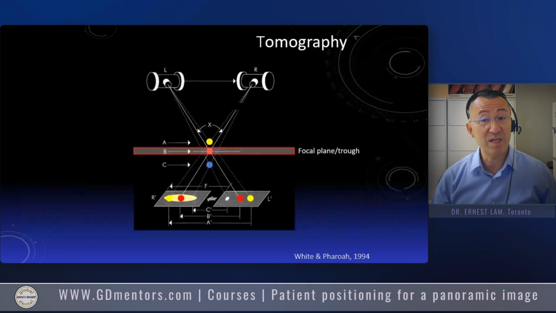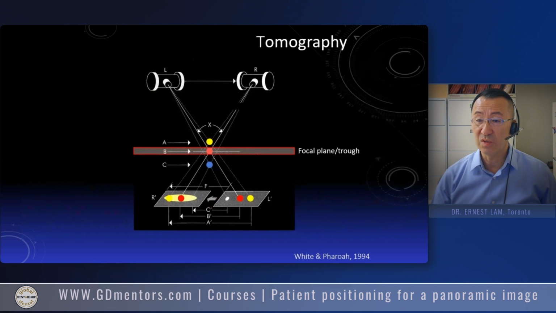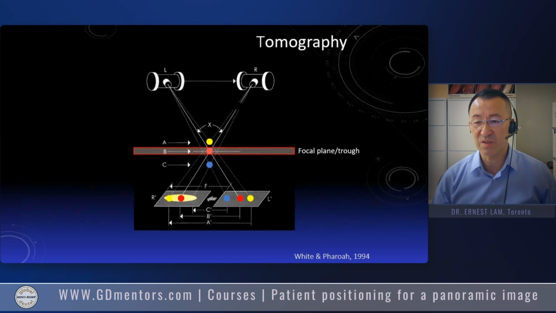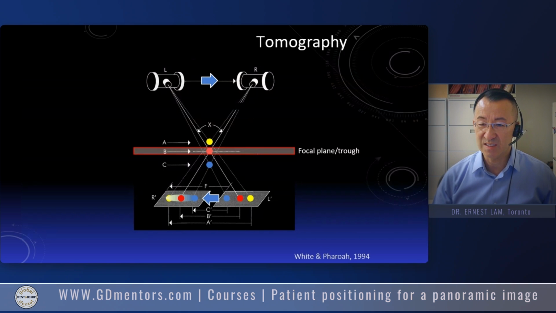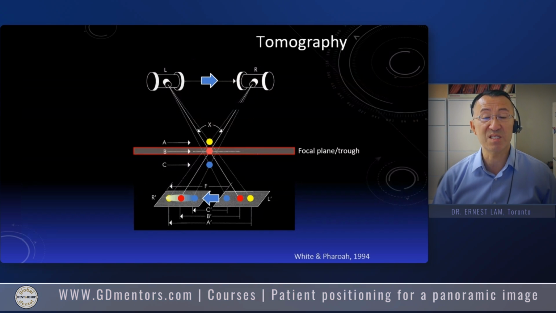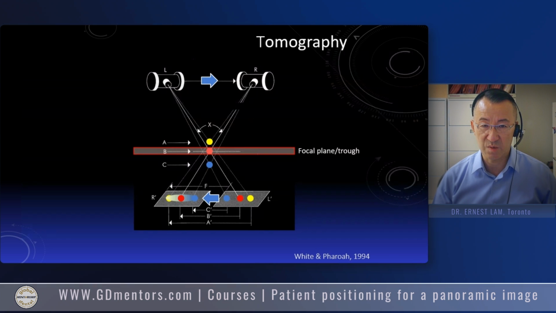Any object located at point C will do the same thing. At the beginning of the acquisition, this object will be projected here on the receptor, and as the receptor moves, this object will be projected into this position, but smeared across the image as well.